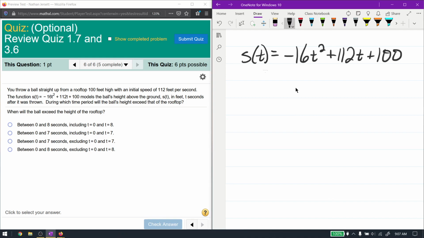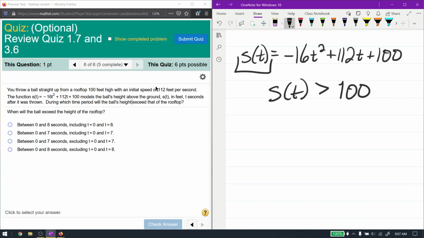Okay, we're looking for when does the ball's height, s of t, exceed that of the rooftop? The rooftop height is 100 feet. So when is the ball's height, s of t, greater than 100?